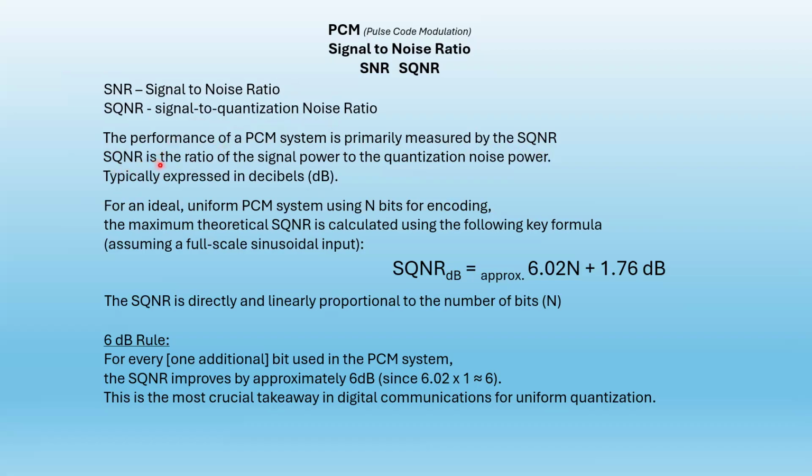SQNR is the ratio of the signal power to the quantization noise power. Because that noise that is going to be created because of inaccurate representation, it's going to have some power too, typically expressed in decibels.